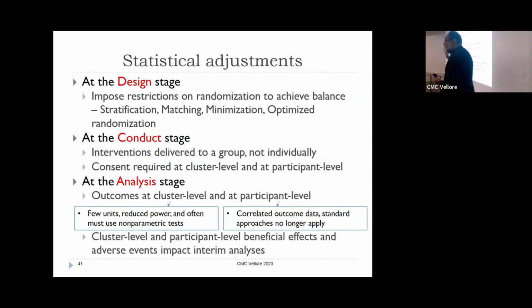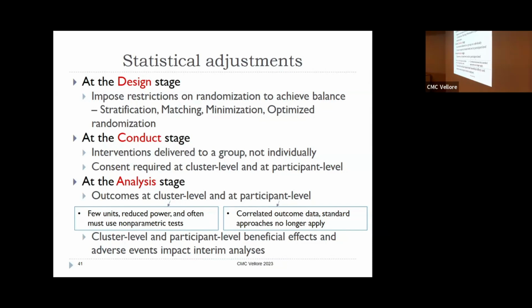So if we end up doing these cluster designs, we need to adjust some things. At the design stage, we're not going to get the benefit of randomization balancing the groups. So we need to put restrictions on randomization. So we call it restricted randomization. And there are different ways of restricting randomization.